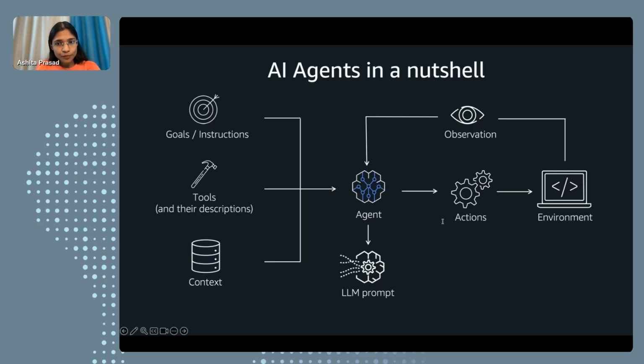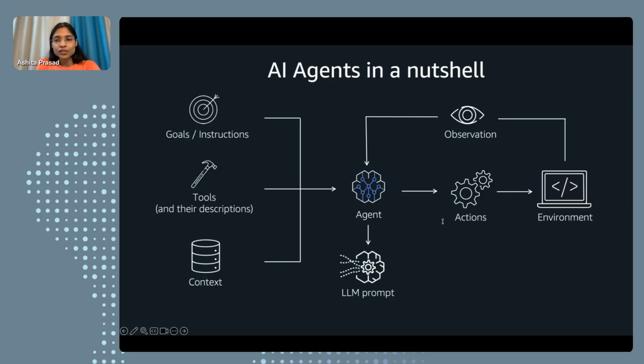So our LLM is now going to reason through all of that and come back with a decision. It'll be either I want to call this tool with these arguments, or say I have enough information and here's my answer. Now, in case it is a tool call, the agent is going to take an action, which means it will do something, which can be like calling an API, querying a database, running a calculation, any of these.